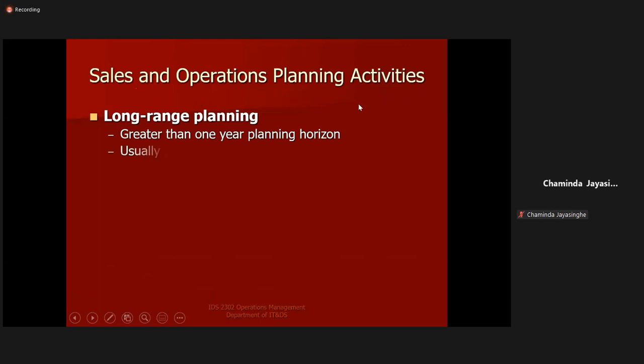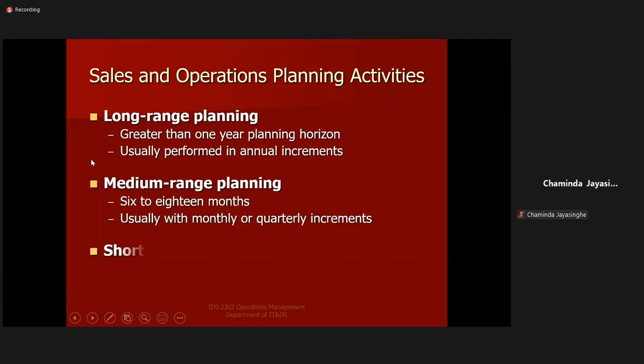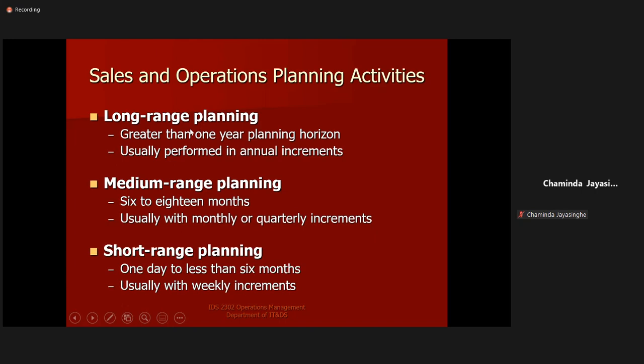And then sales and operations planning activities. Long range planning has a planning horizon greater than 1 year, usually performed in annual increments. Medium range planning is 6 to 18 months, usually in monthly or quarterly increments. Short range planning is 1 day to less than 6 months, usually with weekly increments.